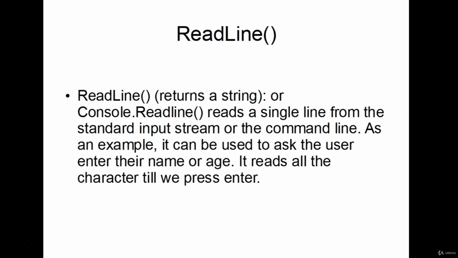Now let's talk about the ReadLine method. The ReadLine method reads a single line from the standard input stream. What's important here is that whatever is entered is returned as a string, and that includes numbers as well. Later on, we'll get into the Parse method and how to deal with numbers, but that's important to know.